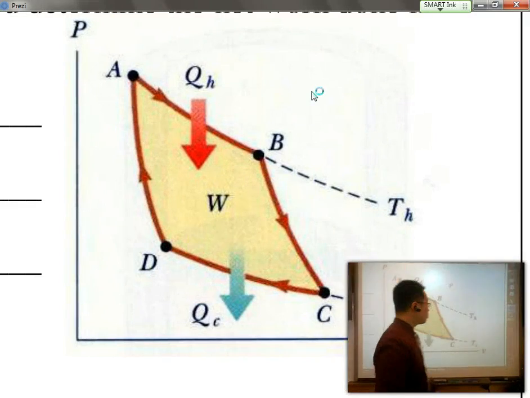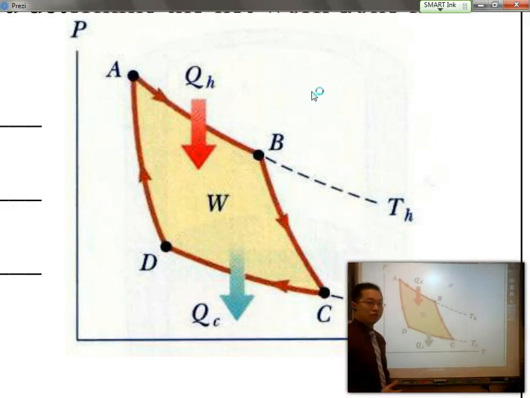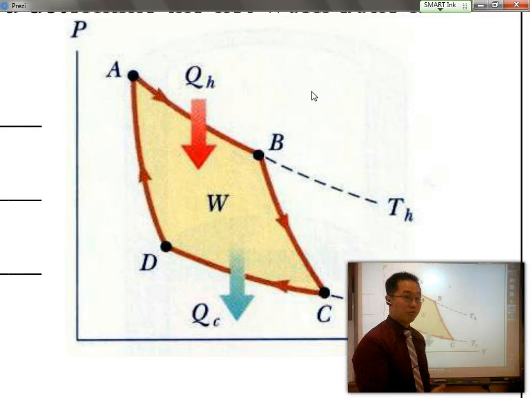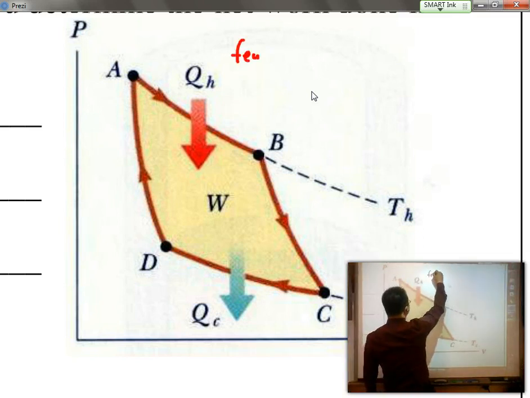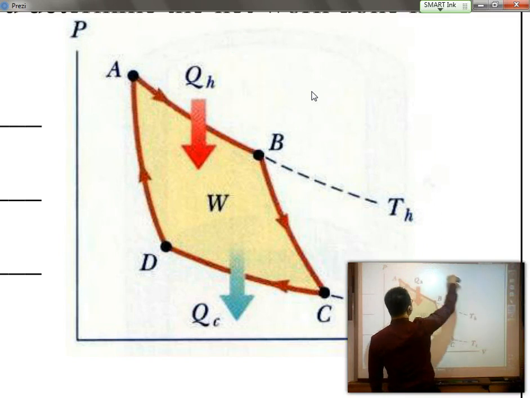Okay, if we were to graph what that engine did on this diagram over here, okay, so initially from A to B, we have the fuel injection system.